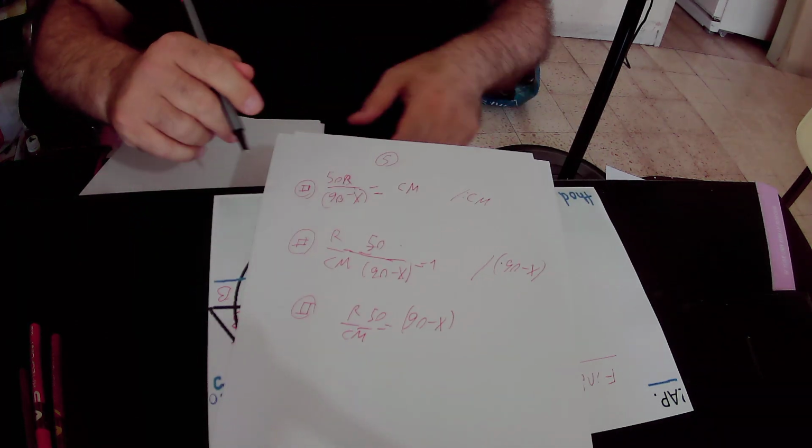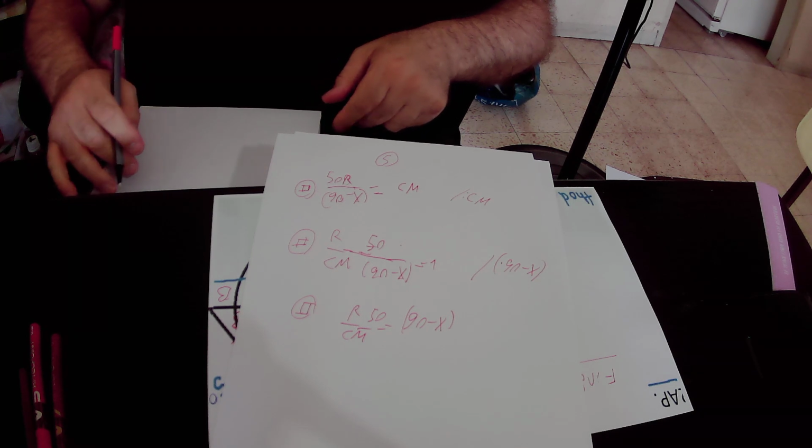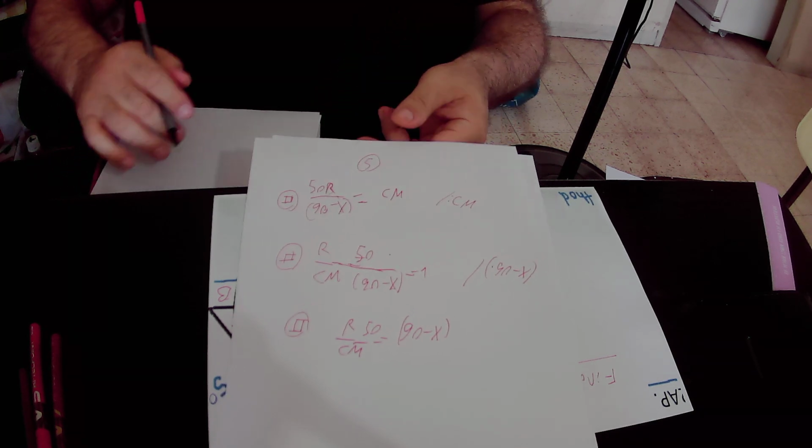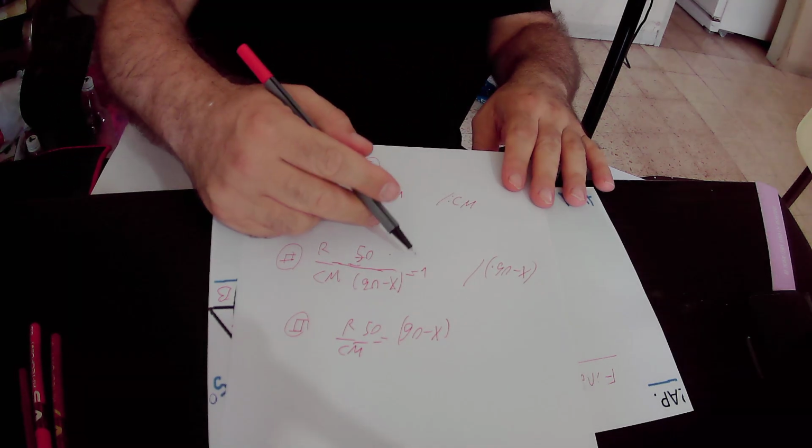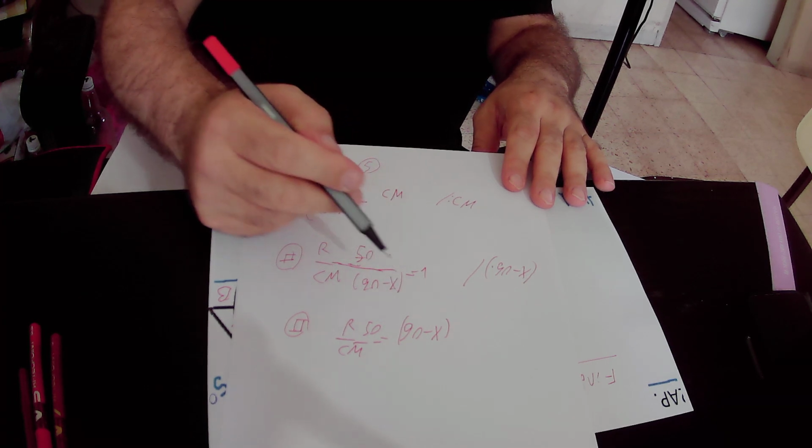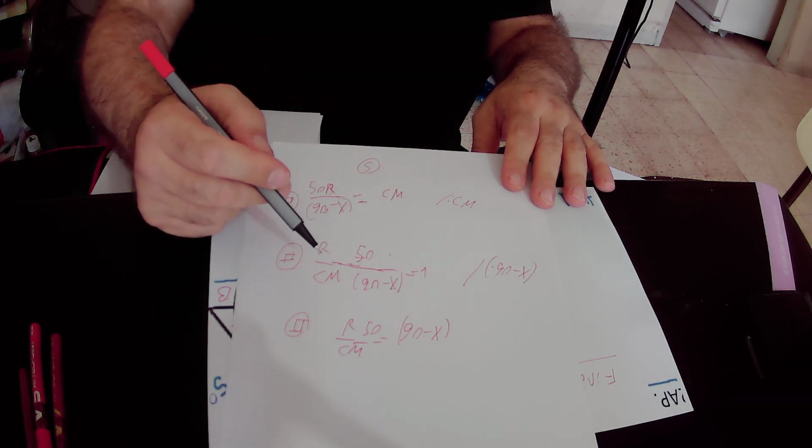So we multiply both sides of the equation by 90 minus 6. 1 times 90 minus 6 equals 90 minus 6.